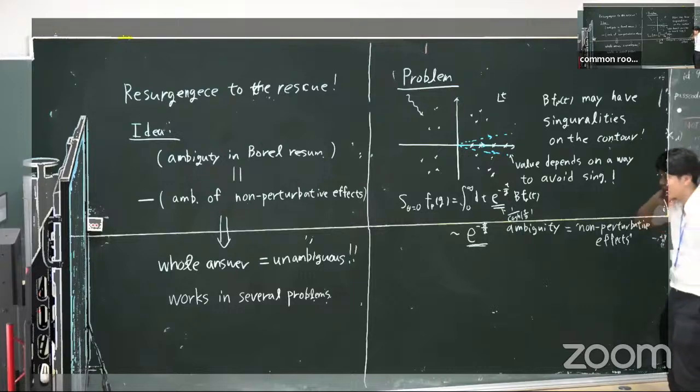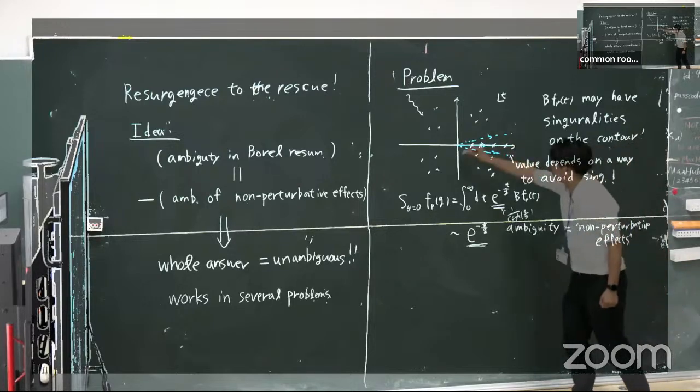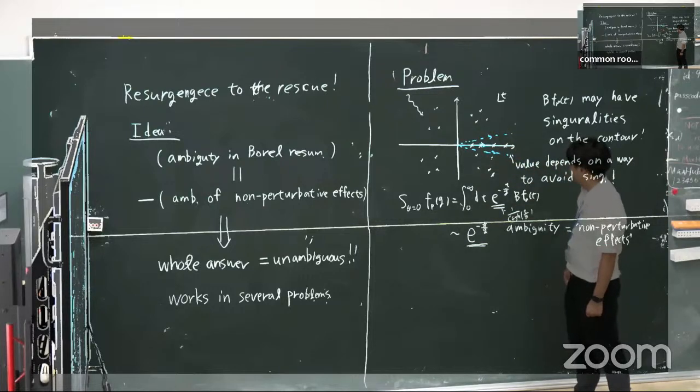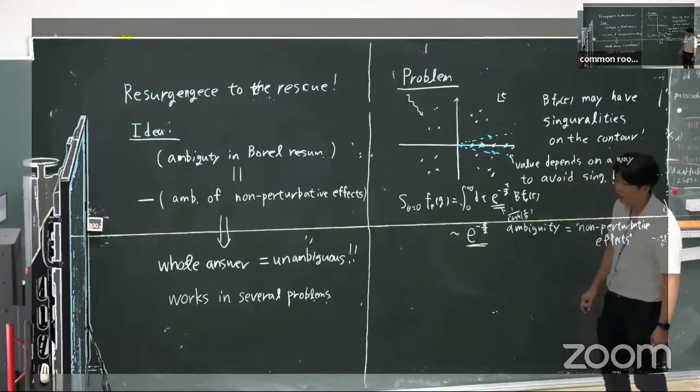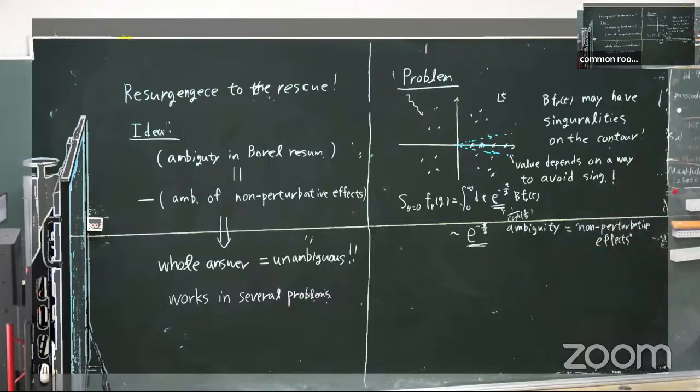But we also expect that the perturbative series in QED is non-convergent, and so there should be singularities. But I'm not sure if there are singularities on the real axis. Several people are working very hard to compute the perturbative coefficients of QED, so I'm curious about the resummation properties in QED. I don't have a clear answer.